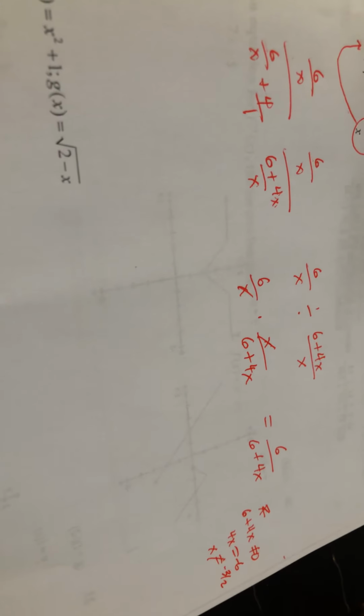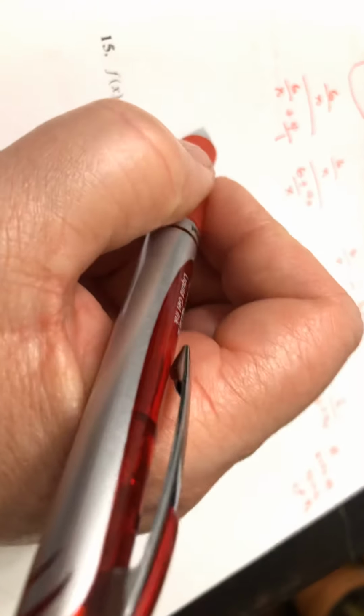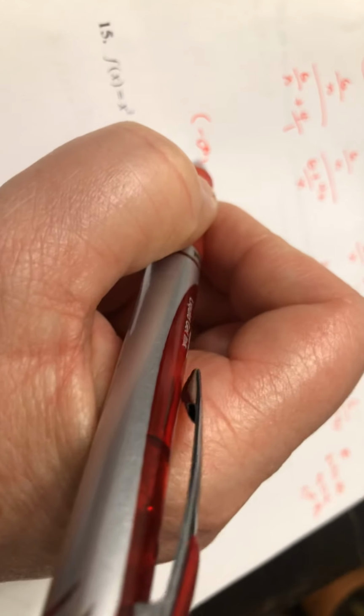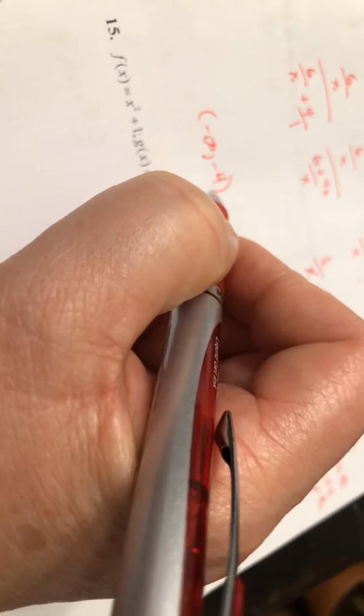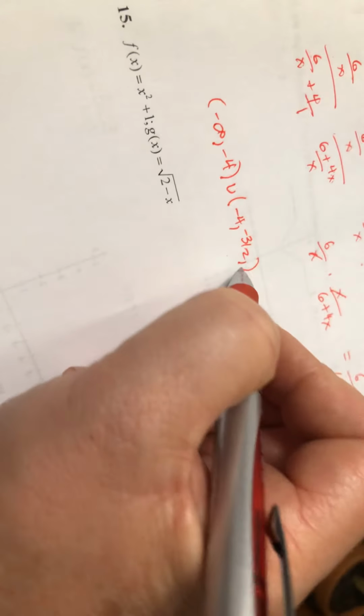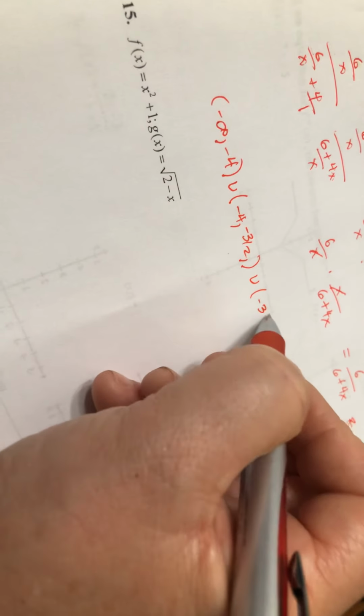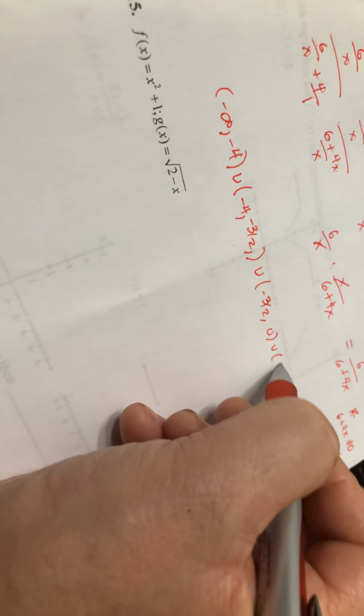So we have a lot going on here. So we're going to say -infinity to -4, union with -4 to -3/2, union with -3/2 to 0, union with 0 to infinity.